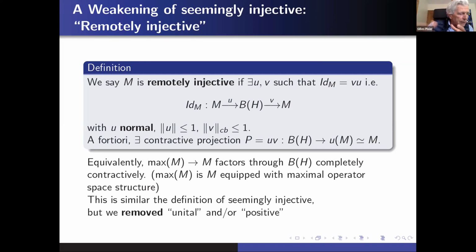And then there's a characterization by Rousseau and Friedman on the range of contractive projections on B of H. And of course, I looked at all these papers, and surprisingly, as far as I've seen so far, it gives information on this range UM, which somehow I don't seem to be able to use. It seems that in the situation that I'm looking at, my UM is a copy of M, and this information that comes from these results doesn't seem to click, but here I might be missing something.